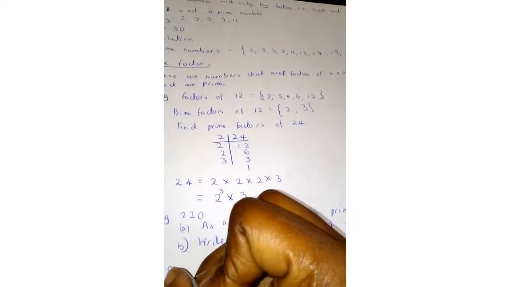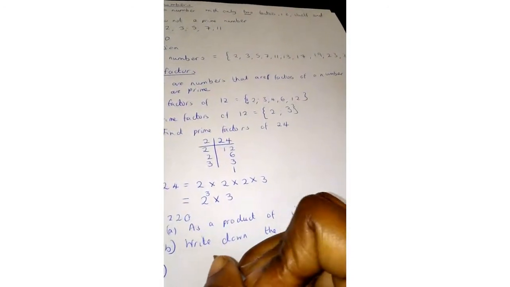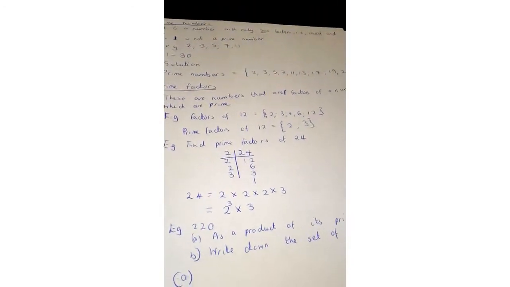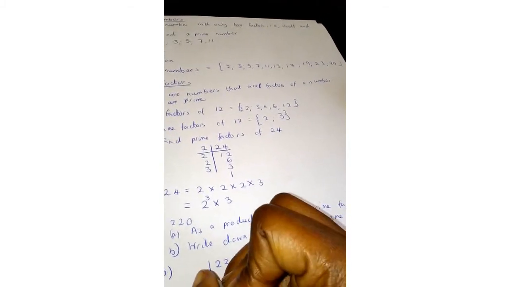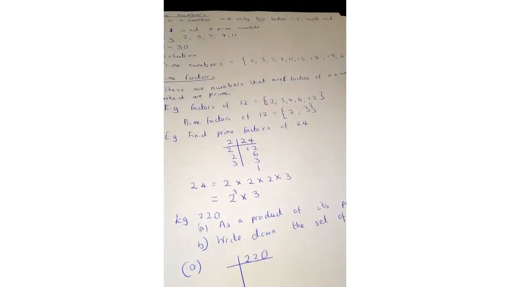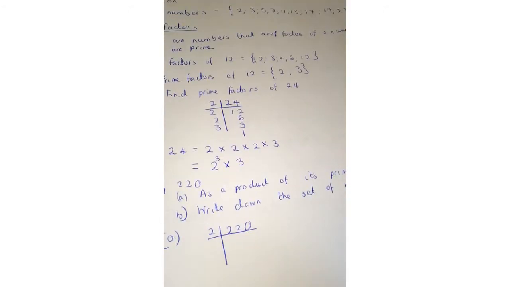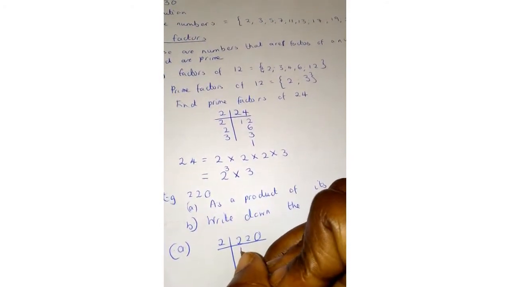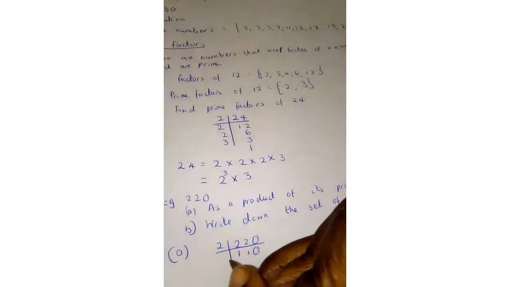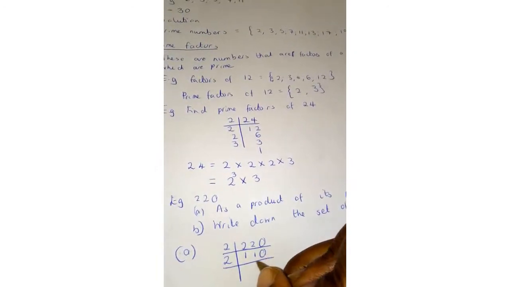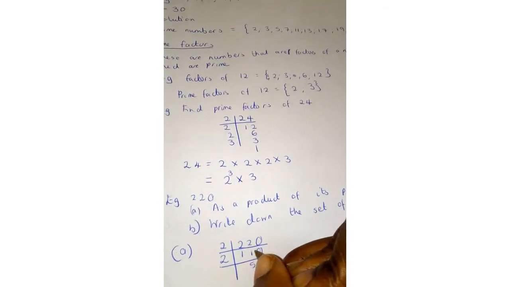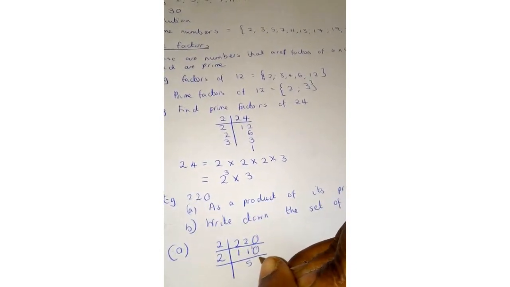I will start with A. How do we look for the prime factors? We use this method. 220. We start with the first prime number. Is 2 a factor of 220? 2 into 220, it is 110. And then next 2 into 110, this is 55.